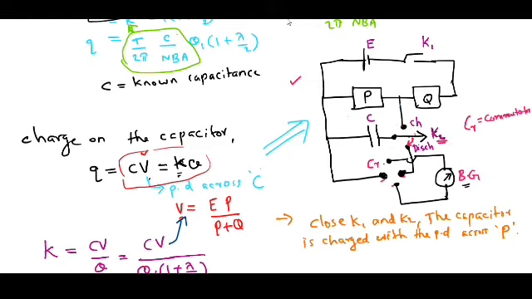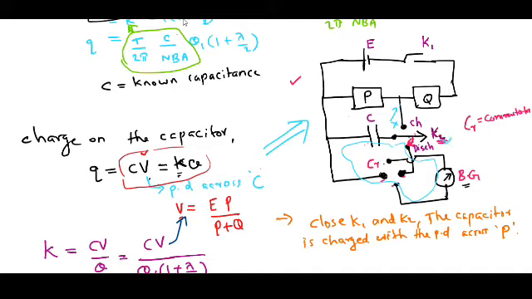Therefore, this part of the circuit is broken here, and now this circuit is fully connected. This is the commutator. You know the working of the commutator because you have already used it in the laboratory.